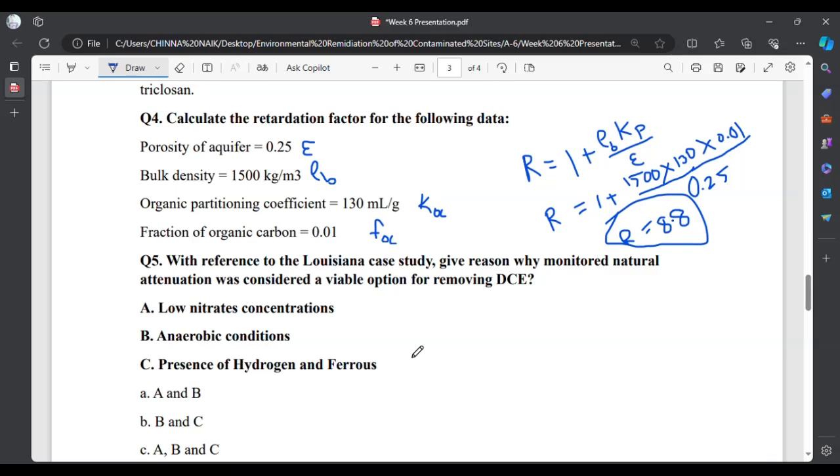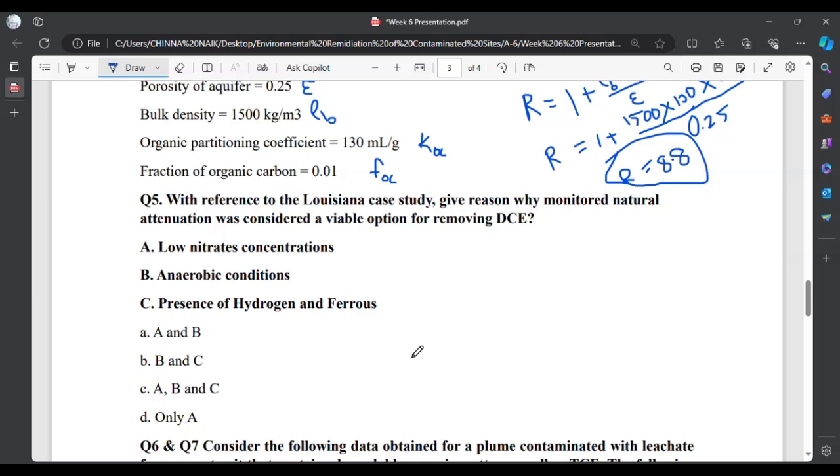Question number 5. With reference to the Louisiana case study, give the reason why monitored natural attenuation was considered a viable option for removing dichloroethane. The options they are giving: low nitrate concentration, yes, anaerobic conditions, and presence of hydrogen and ferrous.